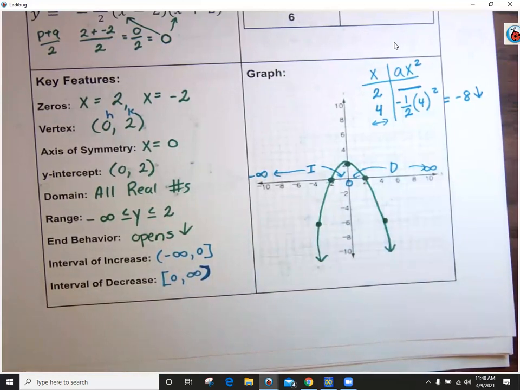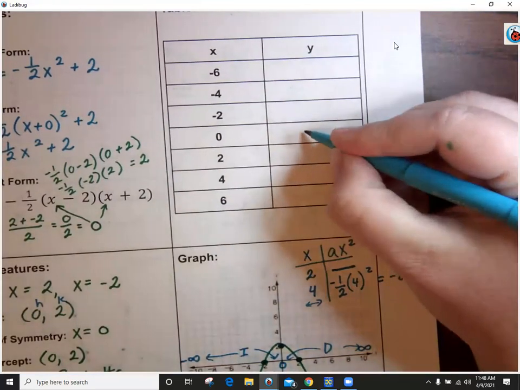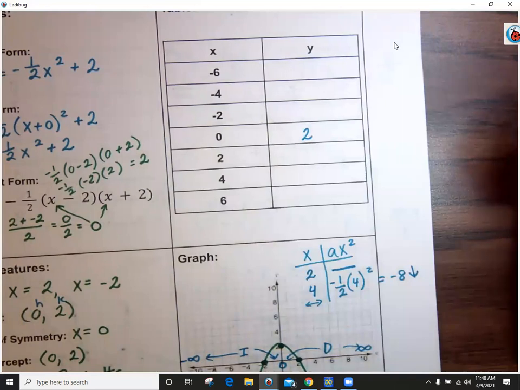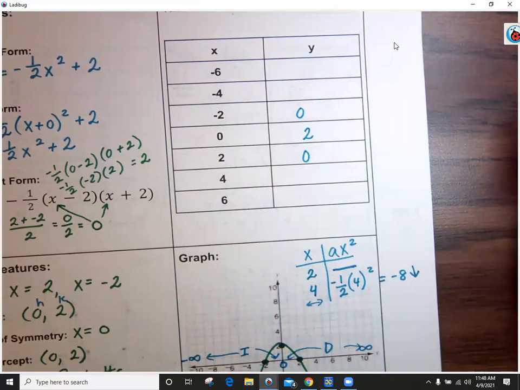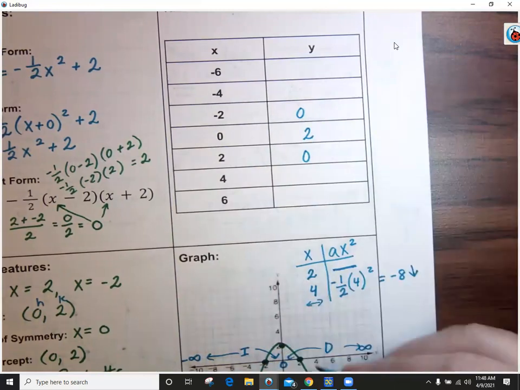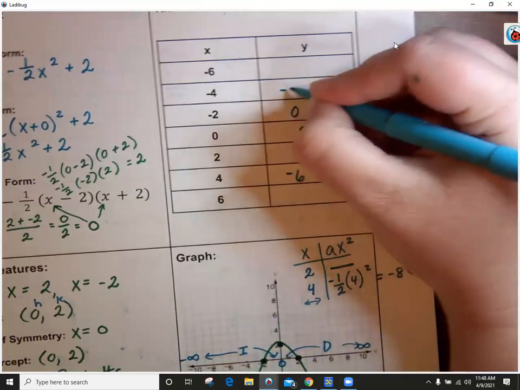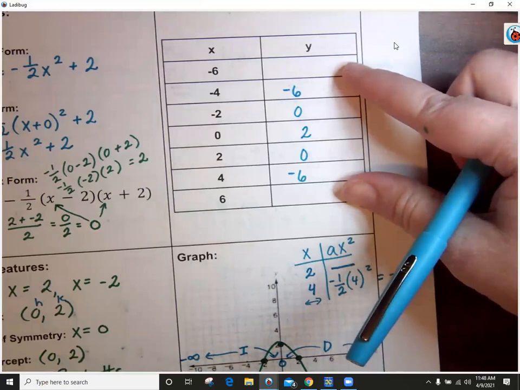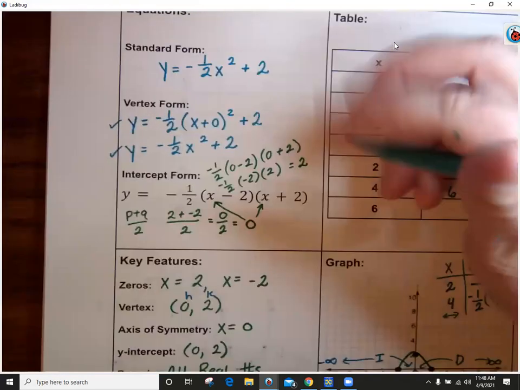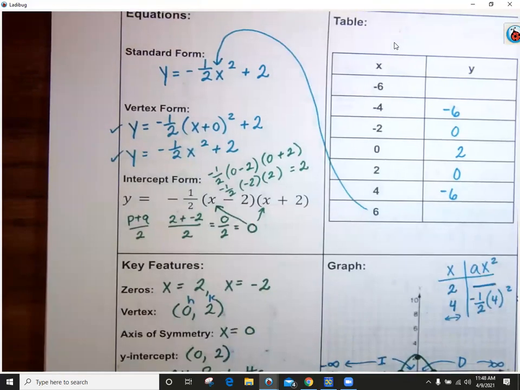Okay, and then all we have left is the table, and most of these points are in the table. This (0, 2) is the vertex. -2 and +2 were the zeros. 4 was at -6 and -4 was at -6. So these are the only two that we can't see from the graph. And so we could take this x value and plug it into one of our equations.